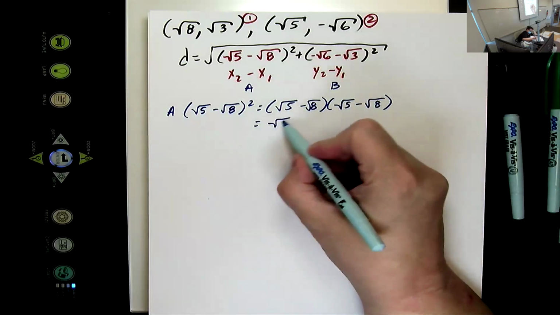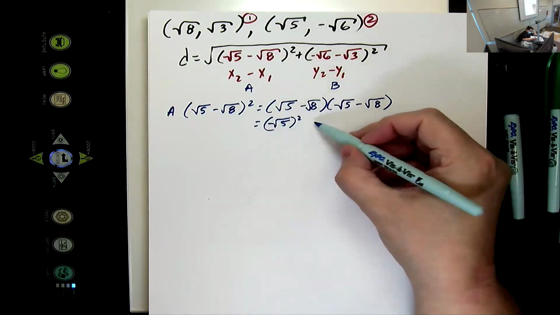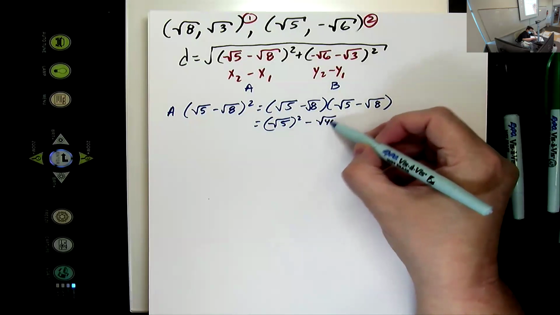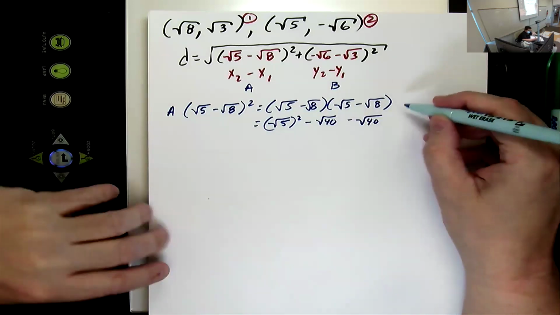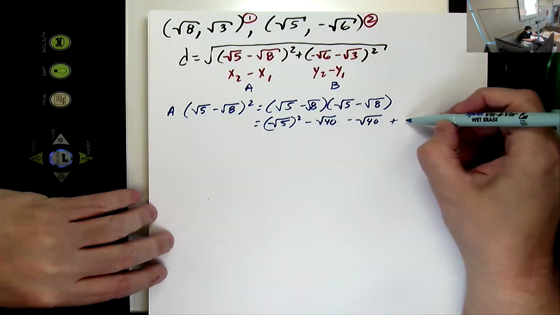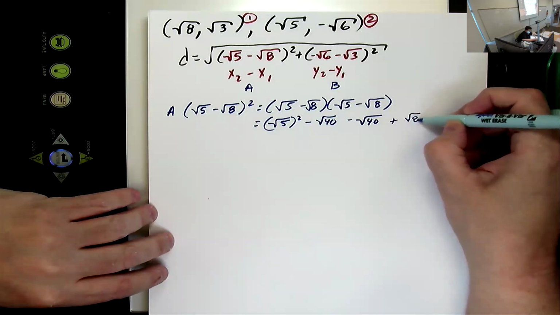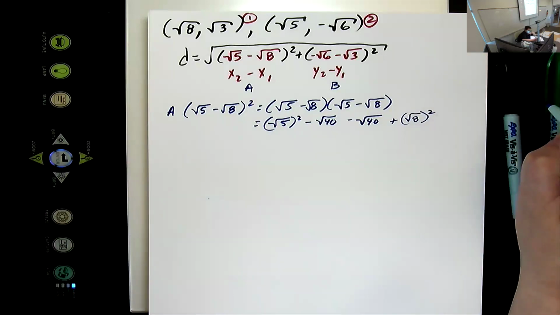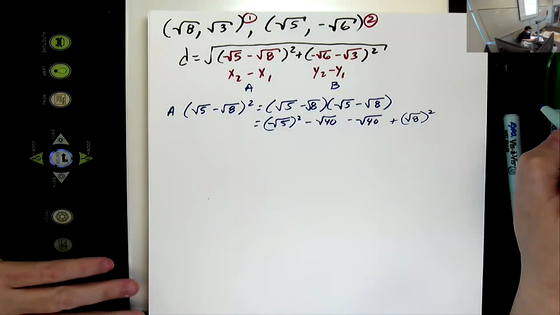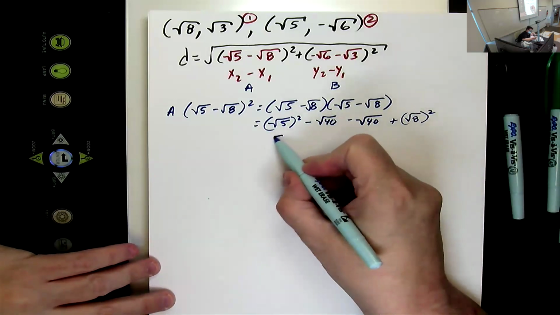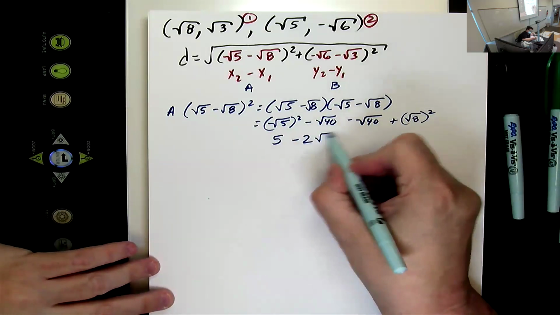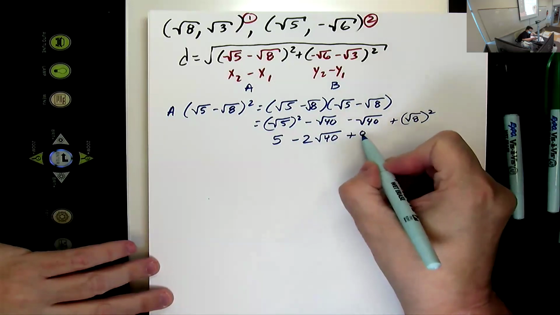So we've got square root of 5 squared minus square root of 40 minus another square root of 40 plus square root of 8 squared. This is 5 minus 2 root 40 plus 8.